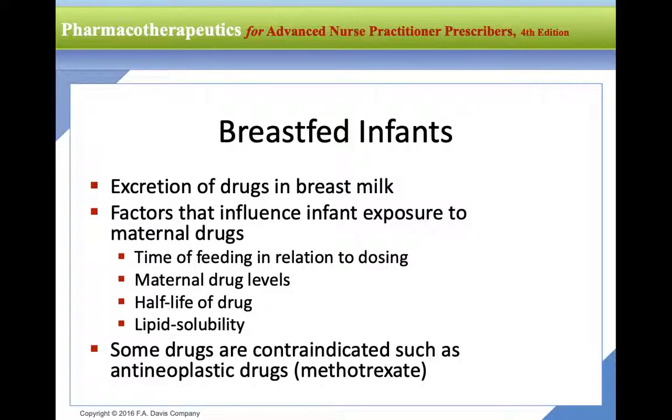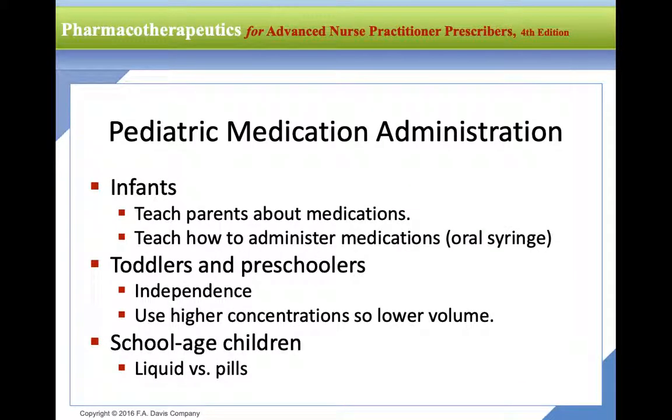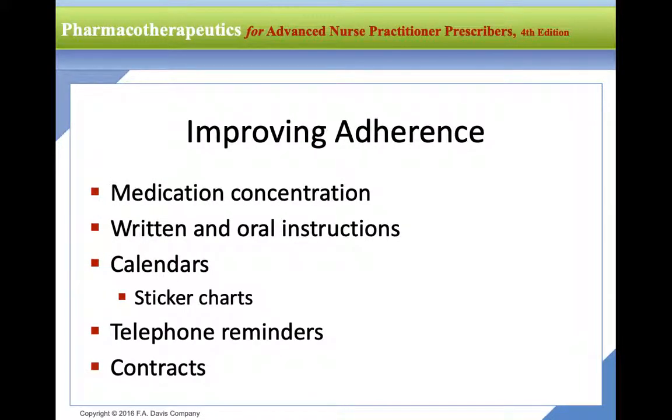You have to watch for drugs that might be excreted in breast milk. There are some that are okay, some that don't get in the breast milk, and then there are some, such as methotrexate, where the mother will have to formula feed if she's taking them.